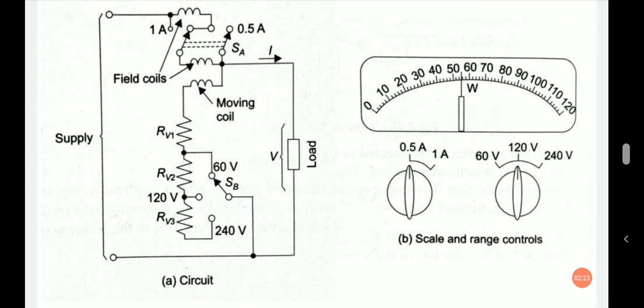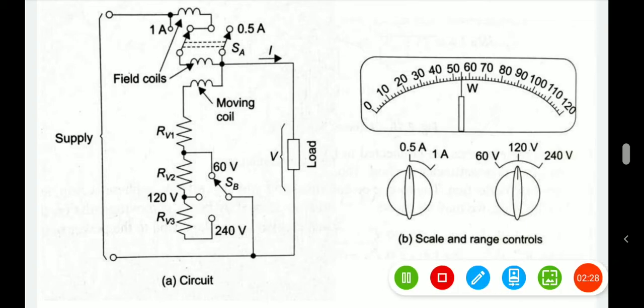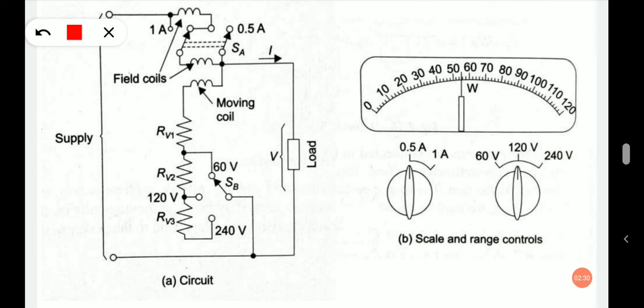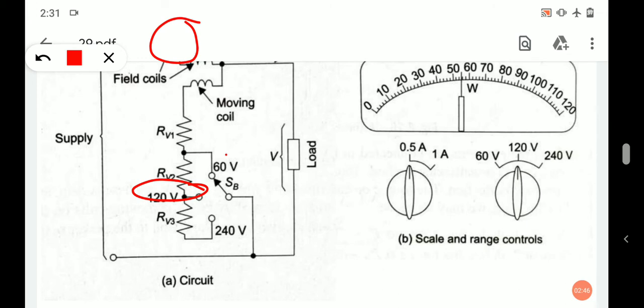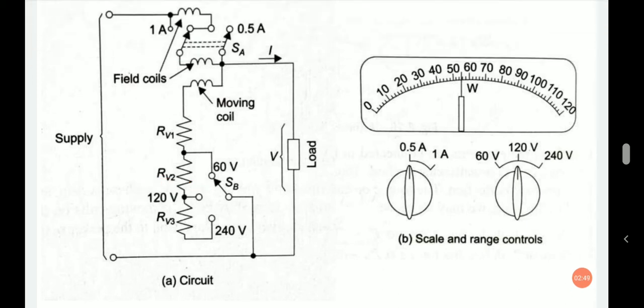When range switches are set to 120 volt and 1 ampere, the scale indicates the value directly in watts and full scale deflection of 120 watt occurs. So for 1 ampere and 120 volt, the scale indicates the value directly in watts.